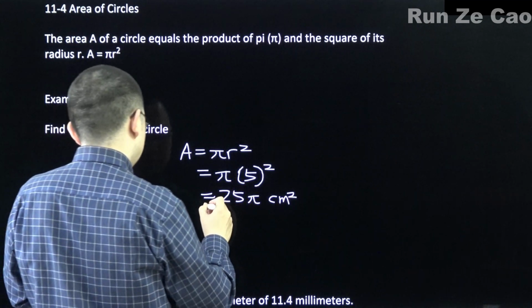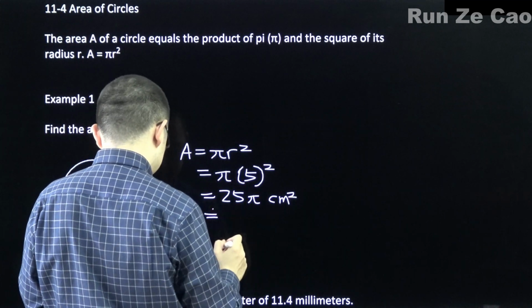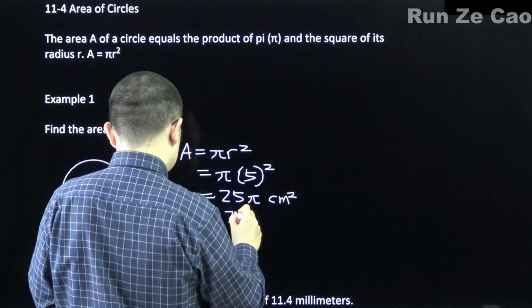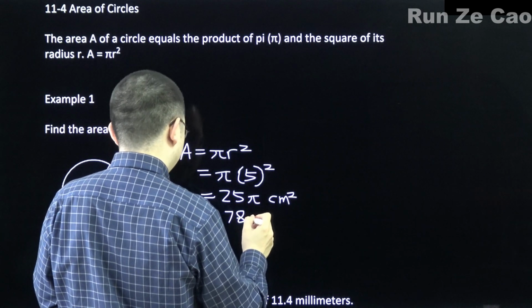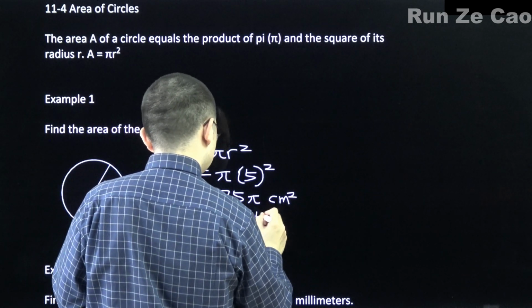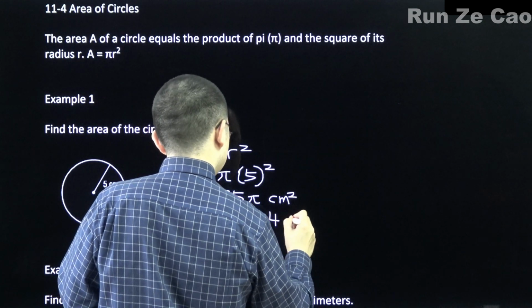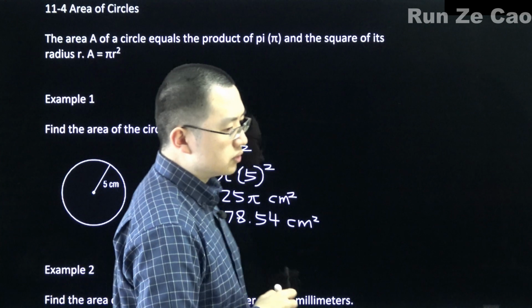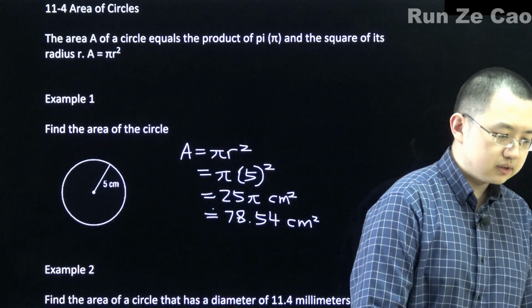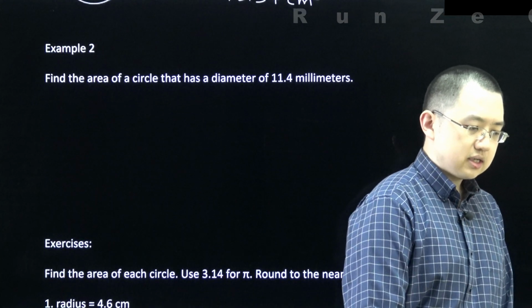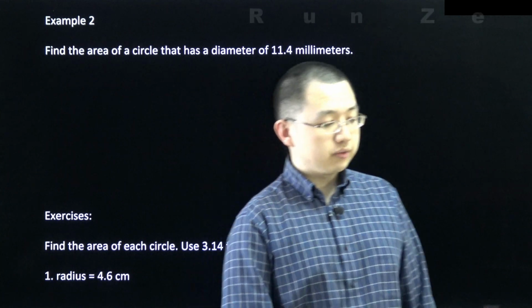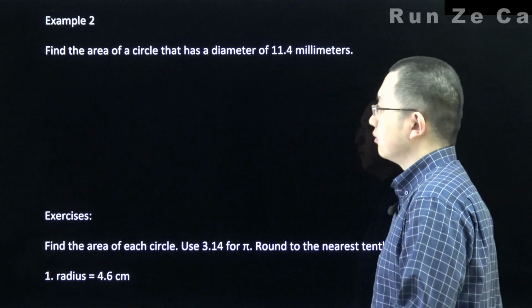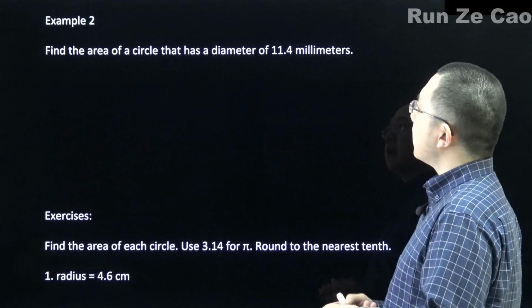So this is approximately 78.5 or 0.54 centimeters squared. I'm kind of used to the 2 decimal places convention, but mileage may vary, so check with your teacher or teachers over time.